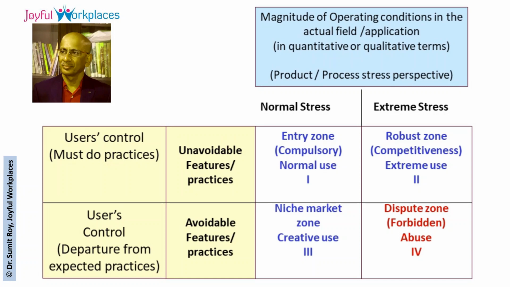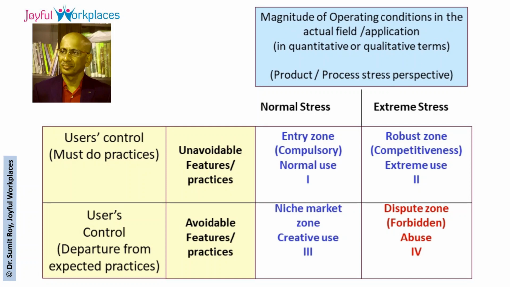We'll also discuss the implication in the customer's mind of being able to meet this normal stress level and the extreme stress level, and whether it could result in winning the customer or a repulsive behavior from the customer, avoiding the product.